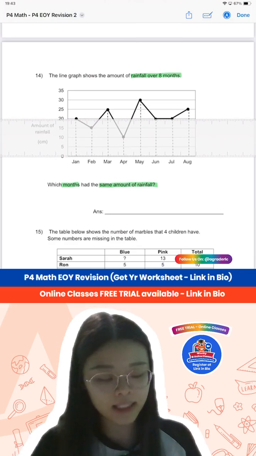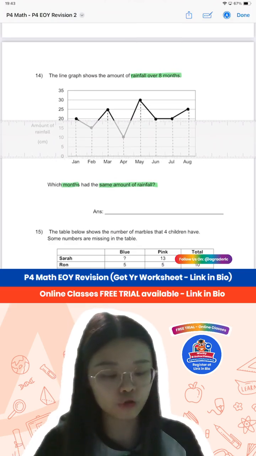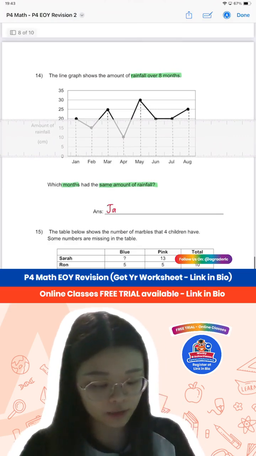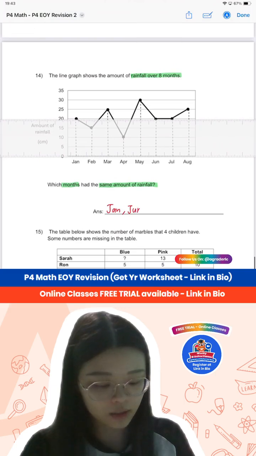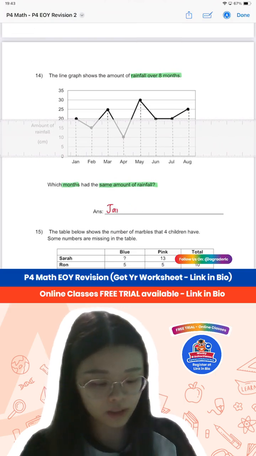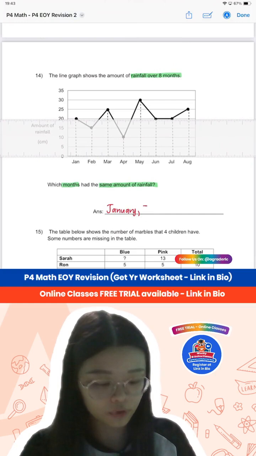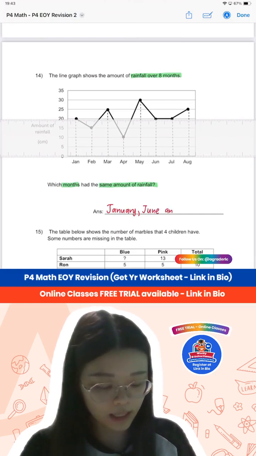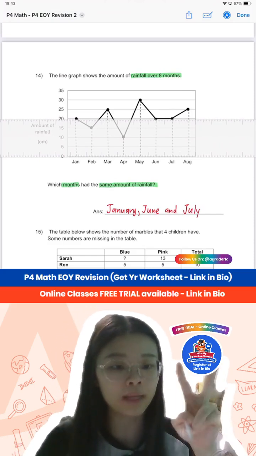Which months had the same amount of rainfall? Jan, June, July. So if I come down to 20 cm, we can see Jan, June, July. So that is our first one, Jan. Oops, I should spell the whole thing. January, June, and July.